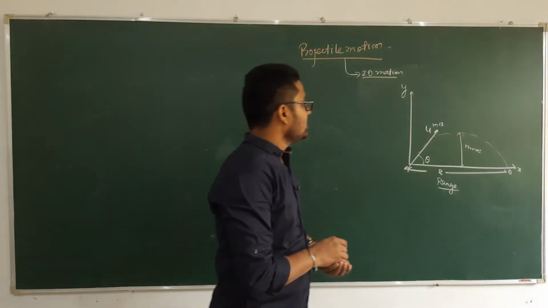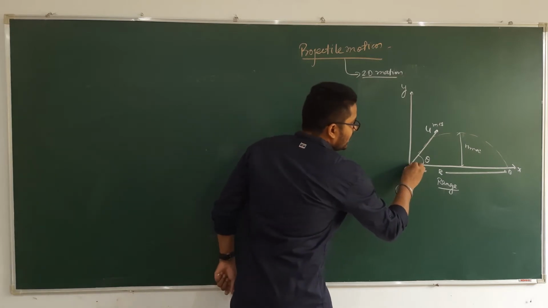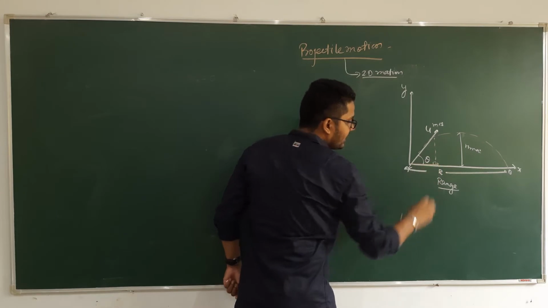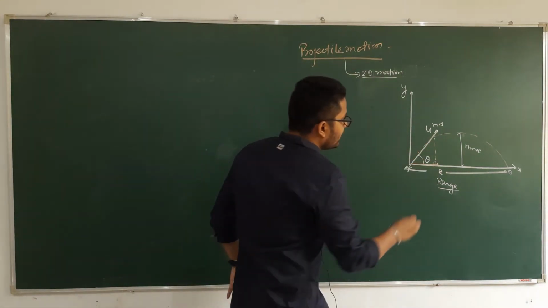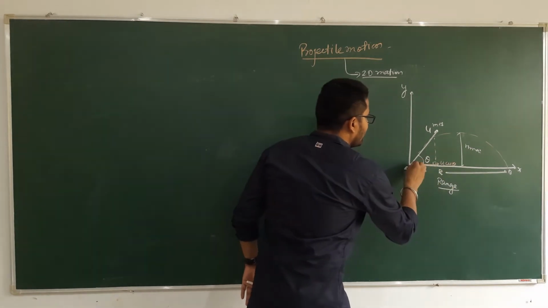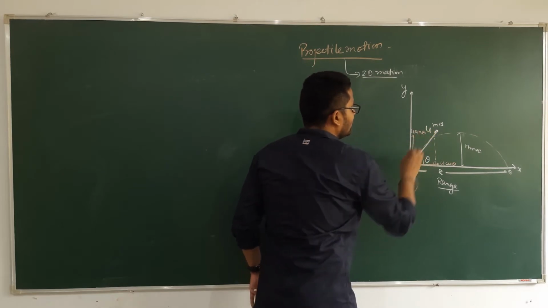So here, just break the u velocity into components. It will form a right angle triangle. This velocity is u cos theta, and this velocity is u sin theta.